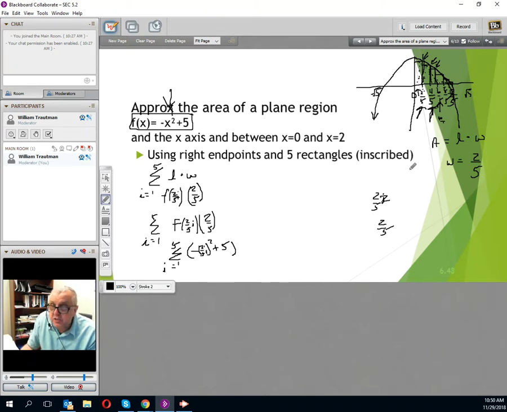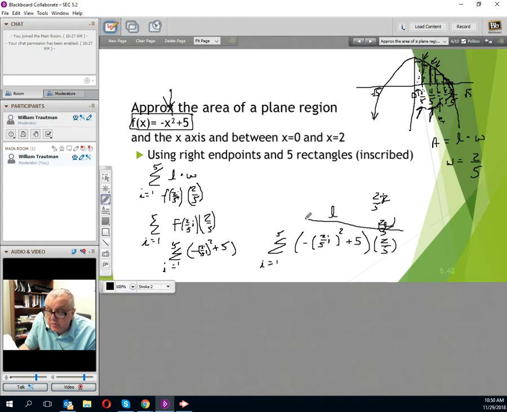That's it. I guess I could try to write that a little neater. Summation of i equals 1 to 5, negative x squared, where x is 2/5 i, plus 5. This is the function. And then at the end, I'm going to multiply it by the width, 2/5. This is the length, how high it goes, and this is the width. So this is my function.